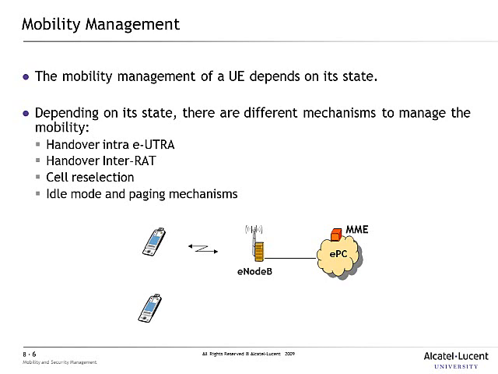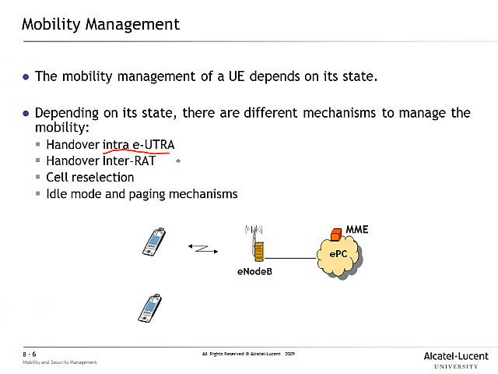So in terms of handover and in terms of mobility, there are different procedures or mechanisms that are needed in any mobile network. And in LTE, we have essentially two types of handovers. We have something called intra-EUTRA handovers.